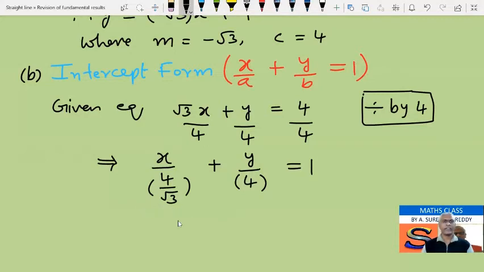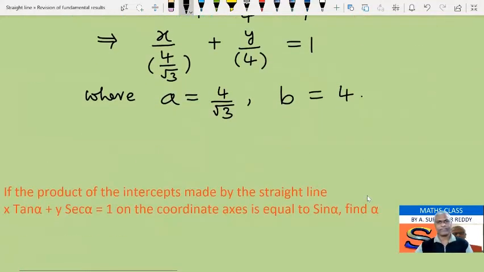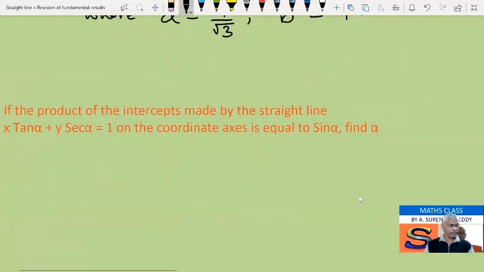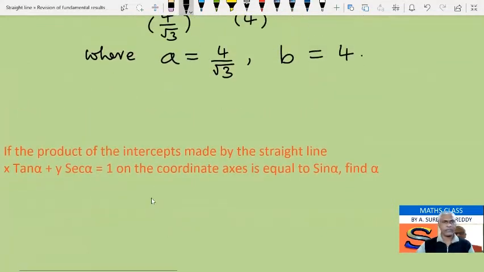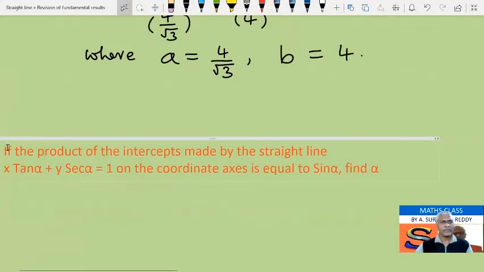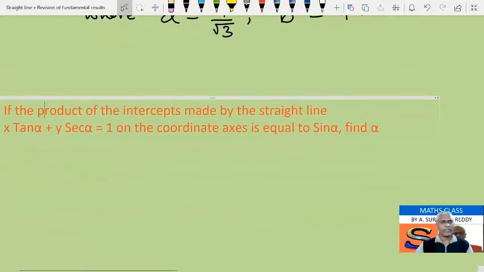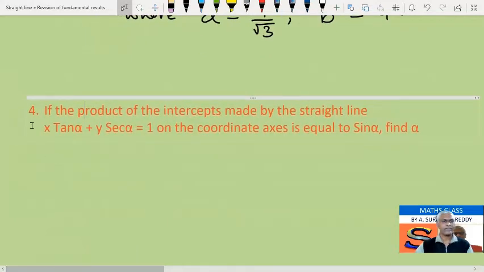Now it is in the form of intercept, where the a value, x intercept, is 4 by root 3 and y intercept b is 4. Now this is intercept form. Now we have to convert it into normal form.